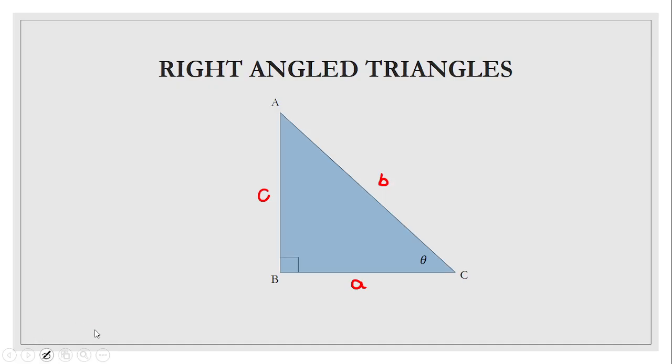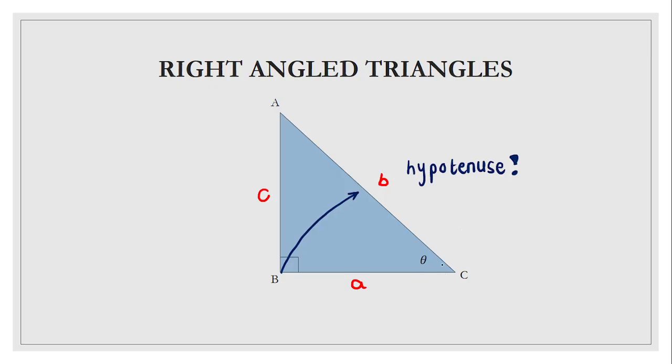Another thing that we need to look at is, what do we call these sides? So we know from Pythagoras that the side that is opposite the right angle is the hypotenuse. But now, what about these other two sides?